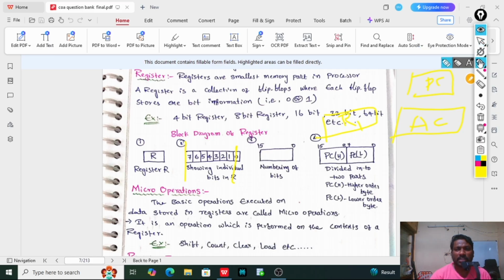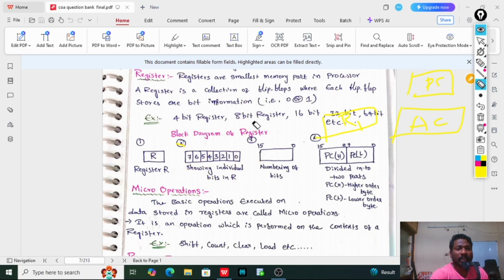Always we have to give numbering for bits from right to left, and the most significant bit is the leftmost bit, and the least significant bit is the rightmost bit.